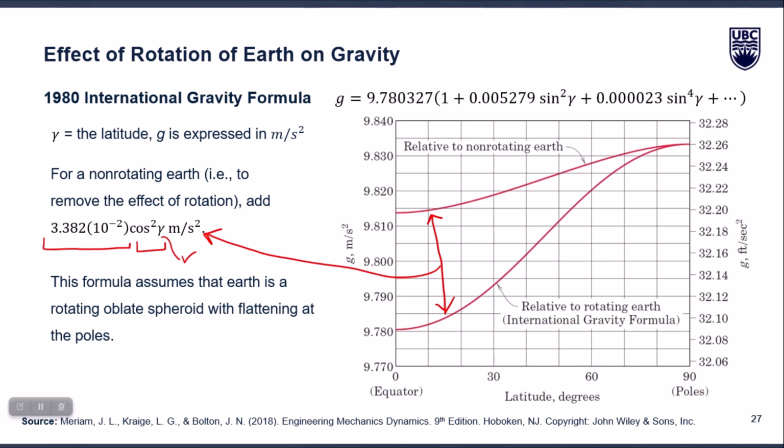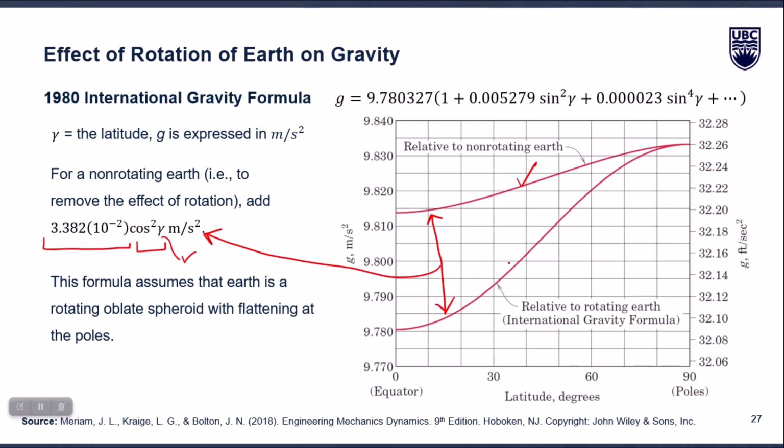This is the difference in gravitational acceleration between when you consider the effect of rotation and when you don't. So if you have the top line, you can subtract this quantity for all values of gamma to get the bottom line. Or if you have the bottom line, you can add that quantity to get the top line.